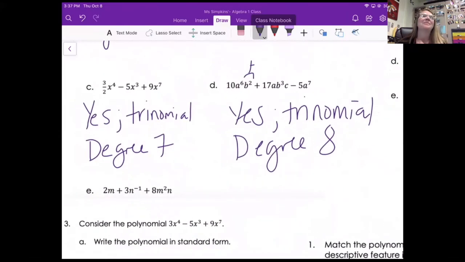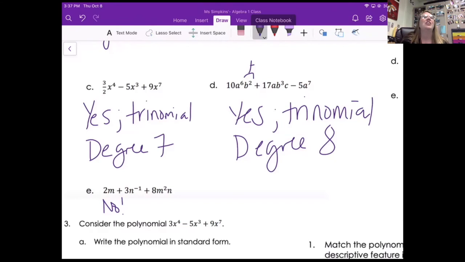Letter E. No. Oh no, are you just saying that because I'm waiting? Yeah, I knew you were. It is not a polynomial. Why? I don't see a fraction, so. Yeah, because what does a negative exponent do?